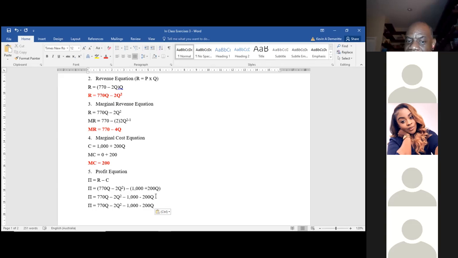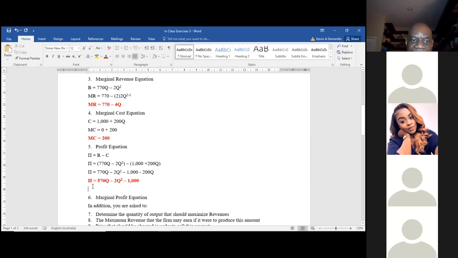I only have one Q squared, negative 2Q squared, I don't have any other Q squares anywhere. So that stays, and the 1,000 stays. Agreed? Yes. All right, so let me bold that and put it in red. So that is my profit equation.